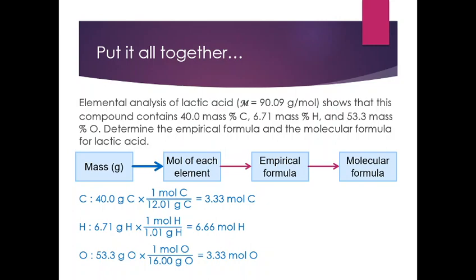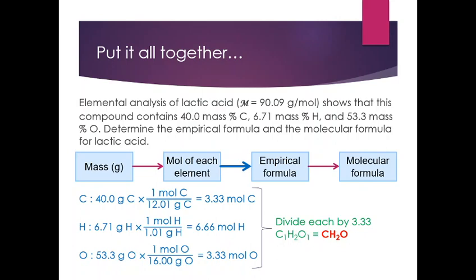And then looking at the relationship between all of those, if we divide all of these by the smallest value, again dividing each of them by 3.33, we end up with an empirical formula of C1H2O1, or dropping out those ones because we typically don't write those as subscripts, we end up with CH2O.